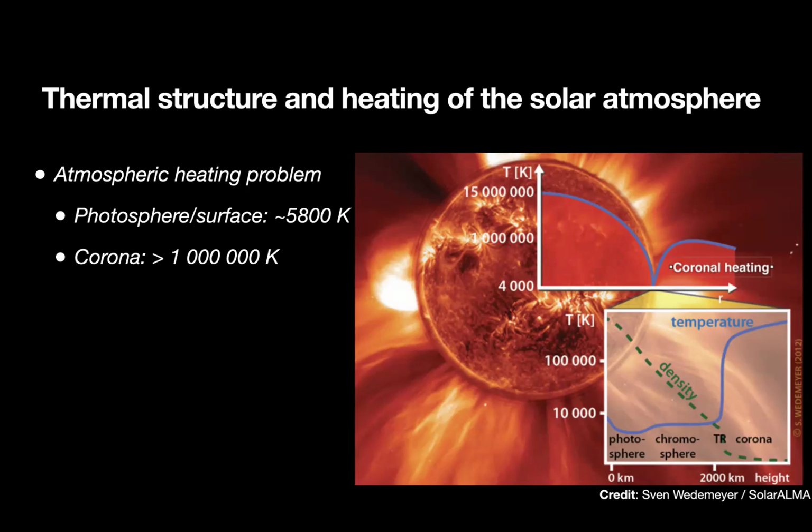There are several candidate processes that have been proposed that could help drive coronal heating, but the relative importance of each phenomenon is still unknown, and that's partly why we need further observations of the solar atmosphere, and especially the chromosphere and the corona, where the different heating mechanisms would leave their imprint.